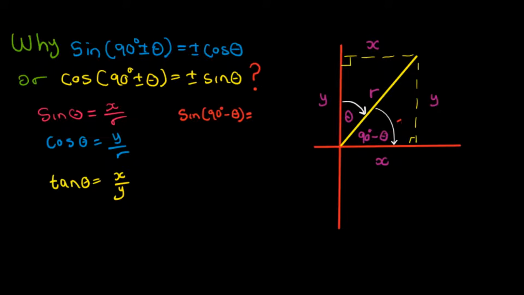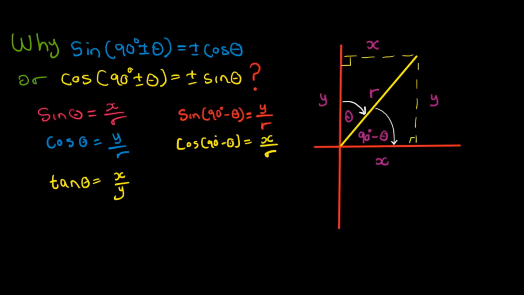The opposite side is y, and the hypotenuse is r, so it's y over r. Then we find cos of 90 degrees minus theta. The adjacent side is this x here and the hypotenuse is r, so it's x over r.